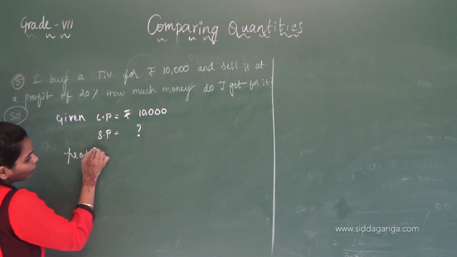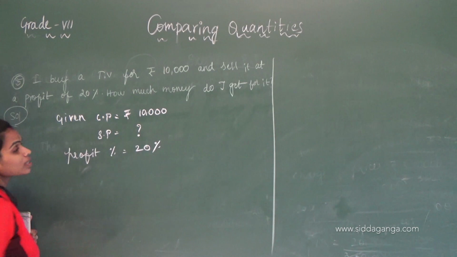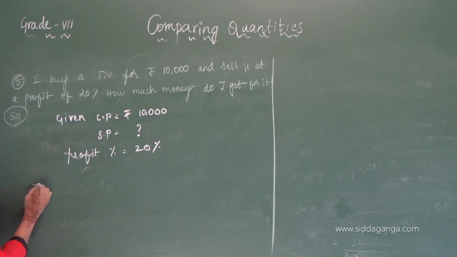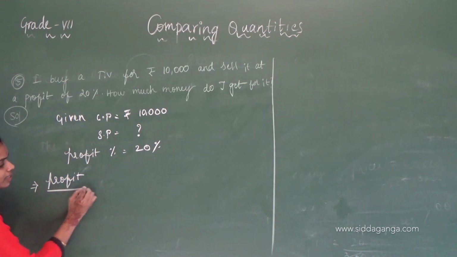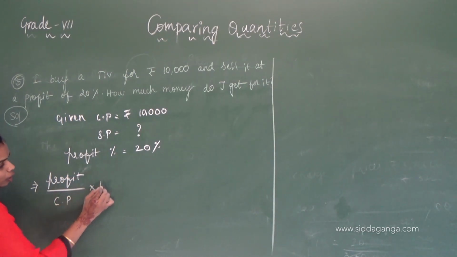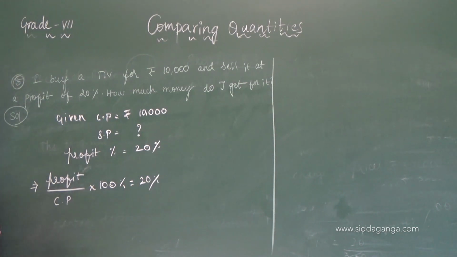And then the profit percentage they are giving: profit percentage equals 20%. What is the formula for the profit percentage? Profit divided by CP into 100% equals 20%. Profit we don't know. 20% they are giving, correct?